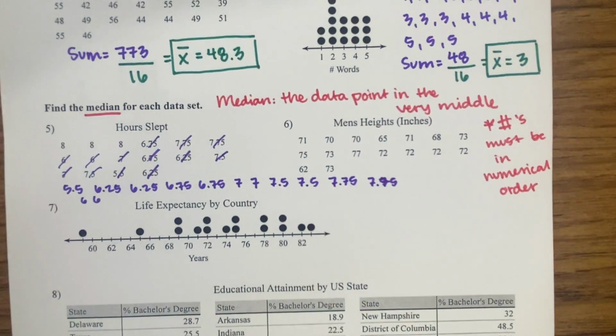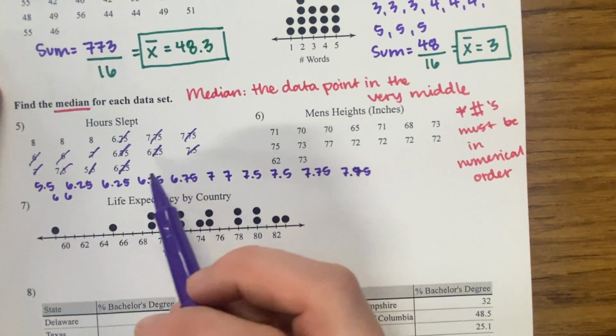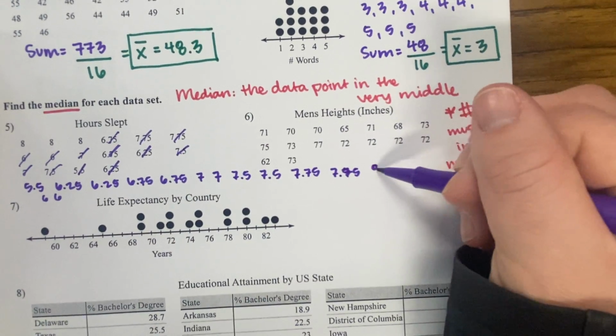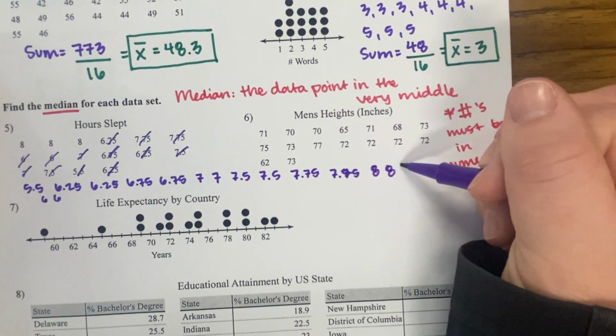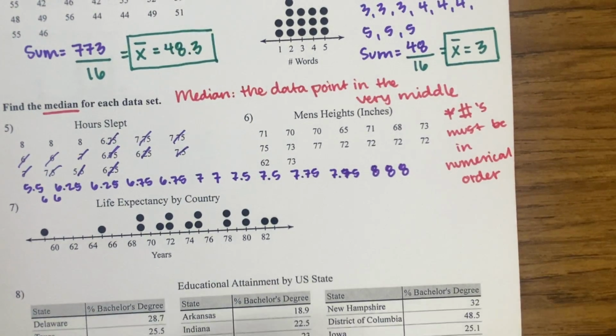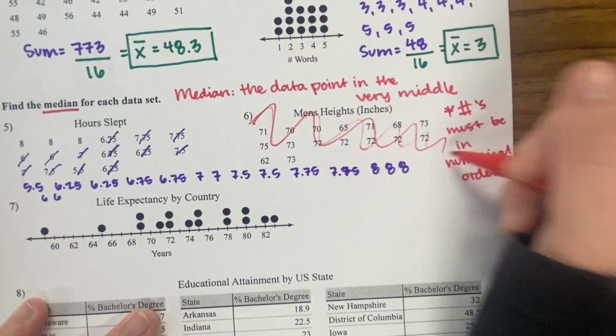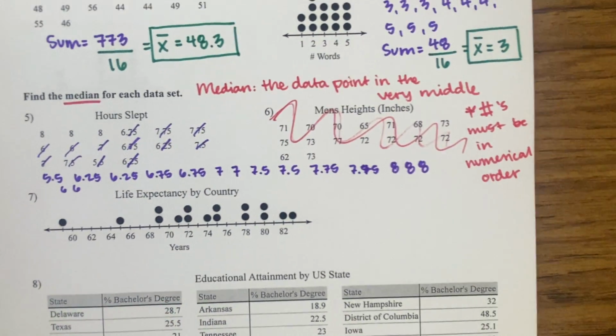Okay, and let me zoom out just a little bit so you guys can see this. And then my last one, I have 3 8s. 1, 2, 3. Okay, and since this example kind of bled into number 6, we won't do number 6.